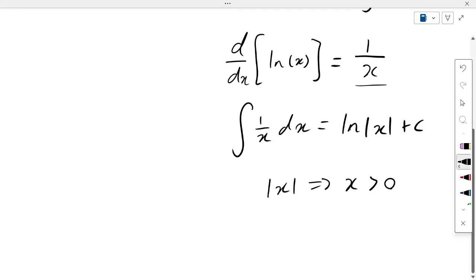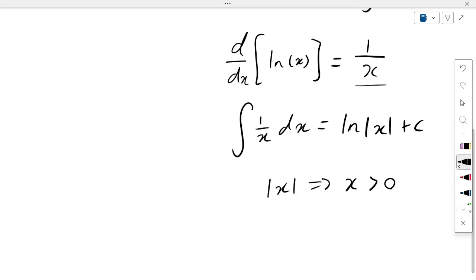But in our case, if we have ln of 0, that is undefined. So that's why our whole restriction will be where x is greater than 0, right? If x is negative inside the ln, it'll be undefined. If it is equal to 0, it'll also be undefined. So that is why we have absolute value.